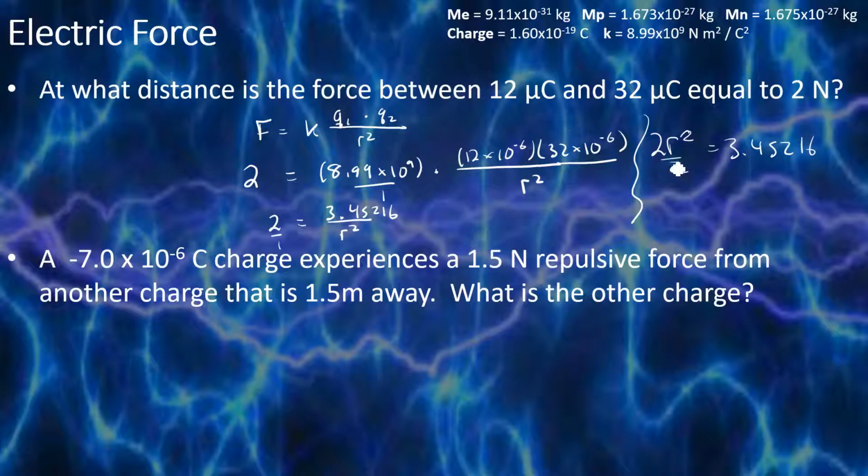We'll divide by 2, and then we're going to square root. So we're going to square root these, and we get R is 1.31 meters. This is meters.